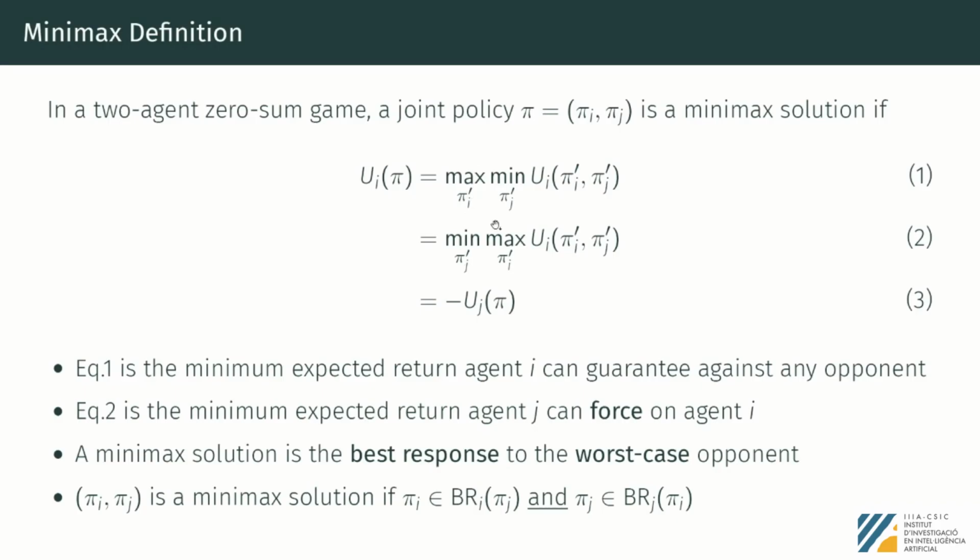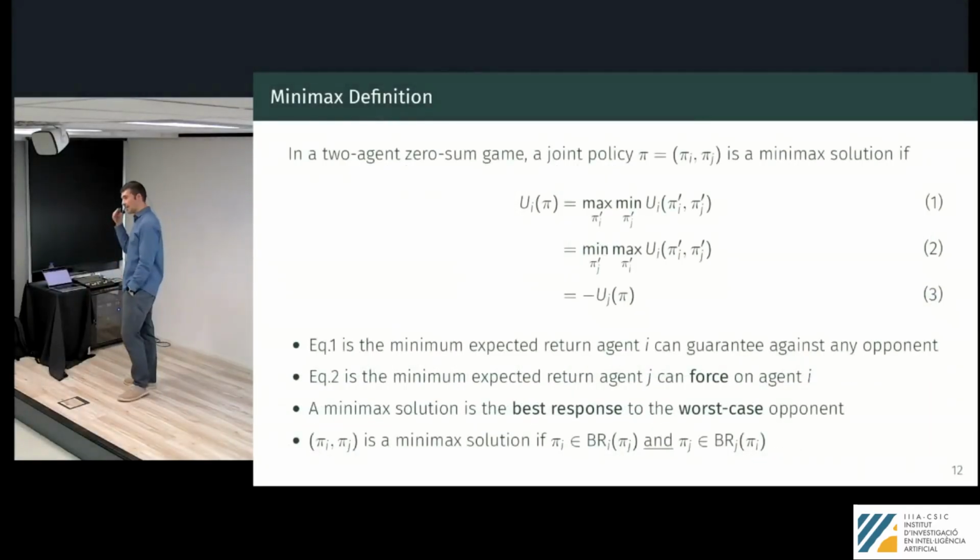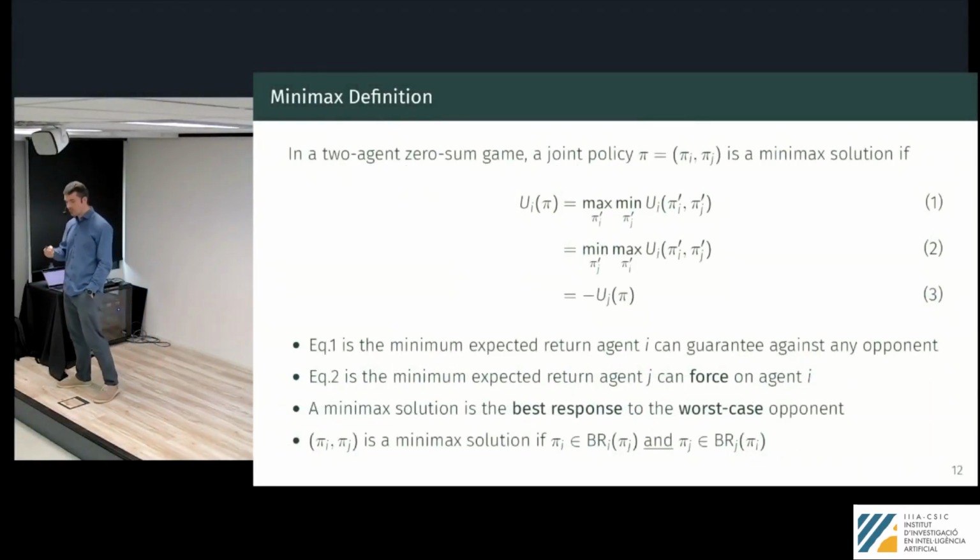Okay, and that's a really interesting idea conceptually if you think about it. It means that in a Minimax solution, every agent plays the best response against the worst case opponent that tries to destroy it, basically. So every agent in this Minimax solution has a policy where I can guarantee certain minimum expected returns no matter what you do. If you're there to destroy me in a Minimax solution, I can guarantee that whatever you do, I will always, at least in expectation, get this particular expected return.